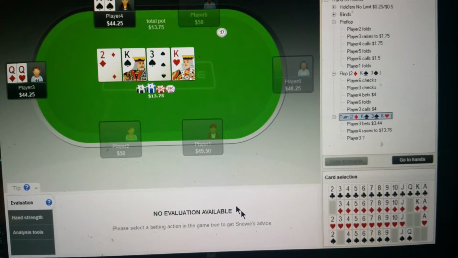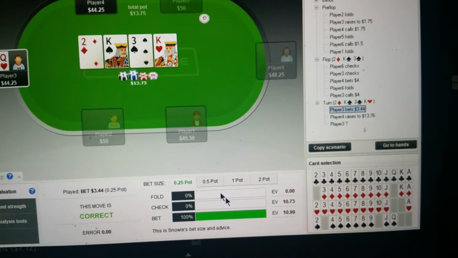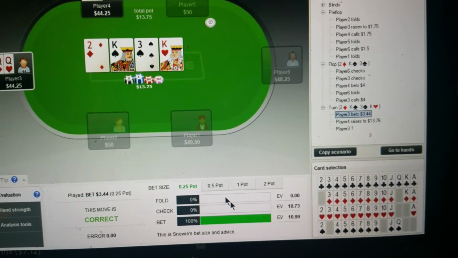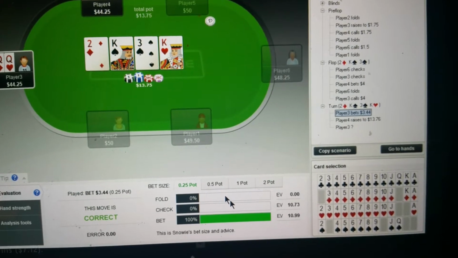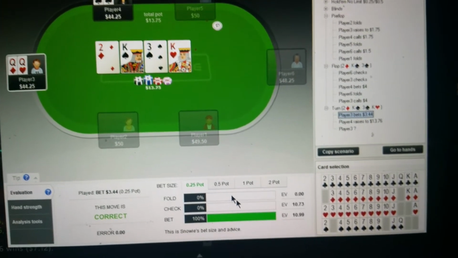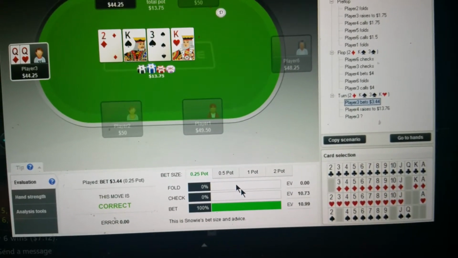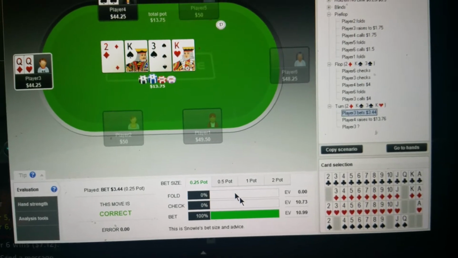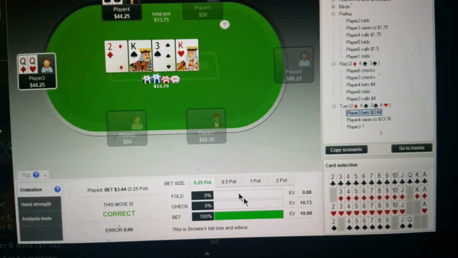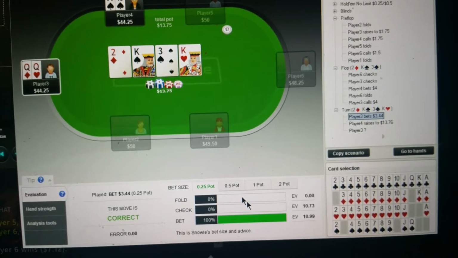The next card is a king, and see, on the one hand, I was supposed to fold on the $4 bet, 0.7 pot bet from player 4 who bet on the flop.